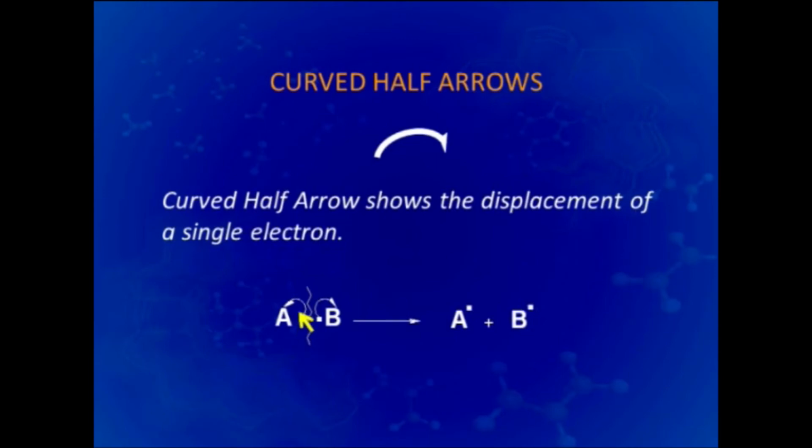So, what we saw in the case of homolytic fission is actually shown by the curved half arrow, where each electron is shown moving to the respective atoms, leading to the formation of radicals. This is how the curved half arrow is used.